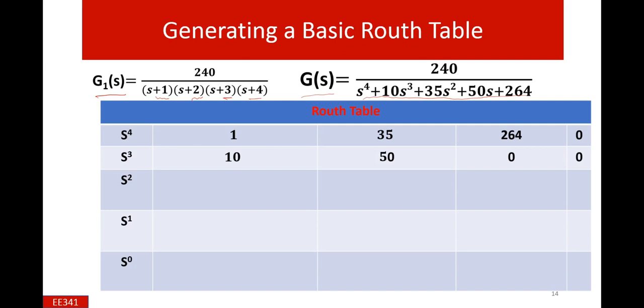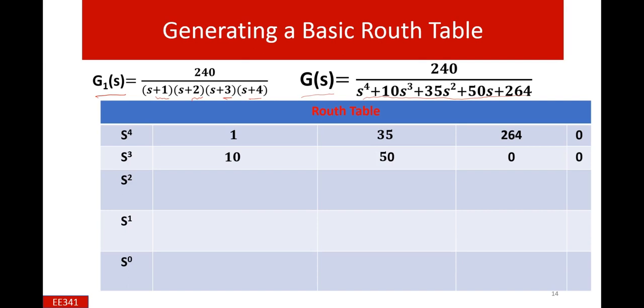How to apply the RH criteria? First of all, we see how to fill the Routh table, in which the first column represents the variables starting from the higher order and ending with the lower order. In our case, s raised to power 4 is the higher order and s raised to power 0 is the lower order.